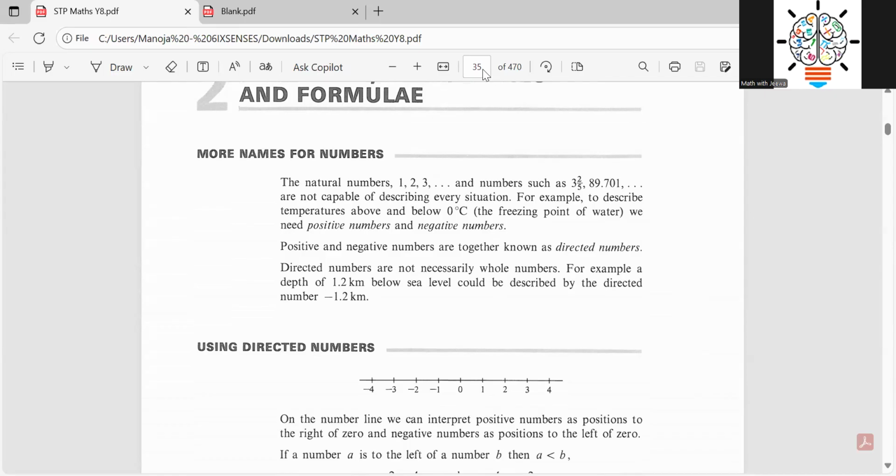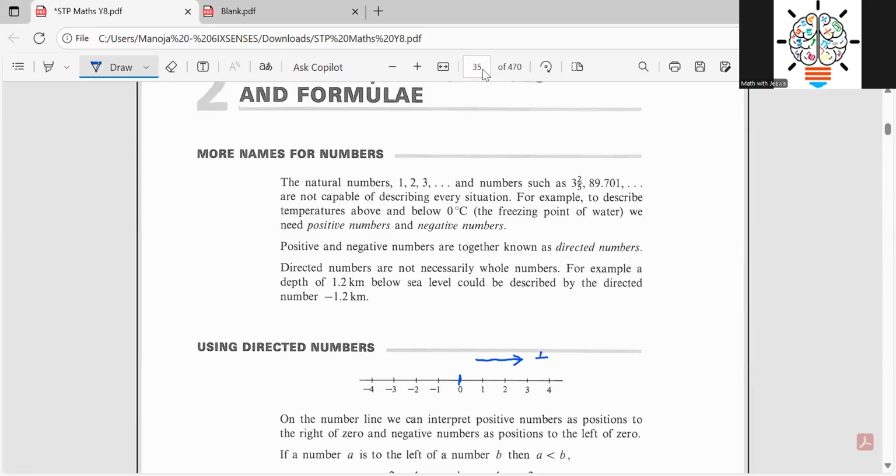On the number line we have the 0 in the middle, and to this side you have the positive numbers, to this side you have the negative numbers, and when you go along the number line from left to right, the value is increasing.